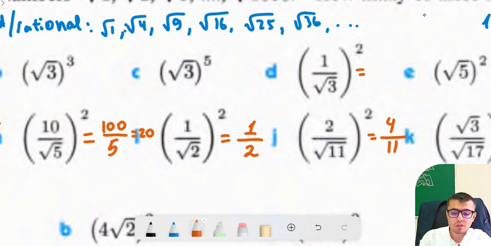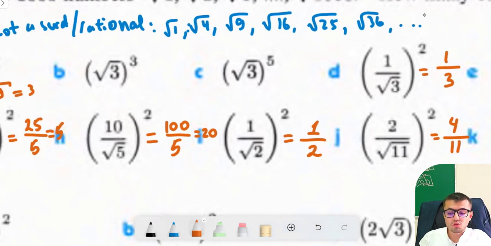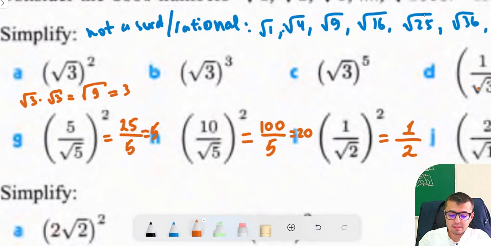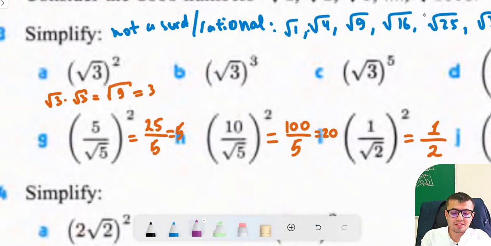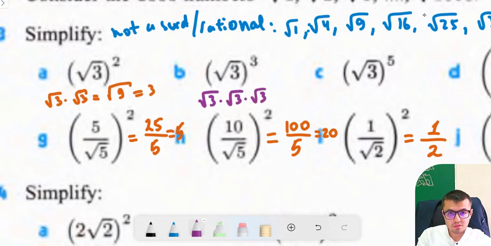The same goes with this one. I square this, it doesn't matter, so it's just 1, and root 3 squared is just 3, and the radical is gone. In B and C, it will be a little bit different, because it's cubed. The idea is you multiply them 3 times, right?